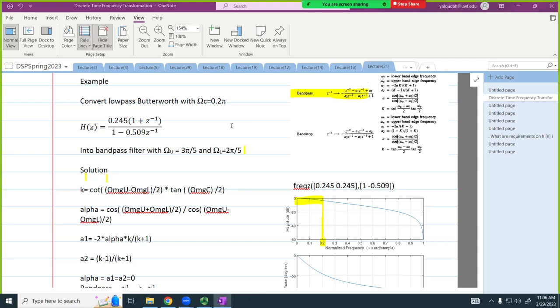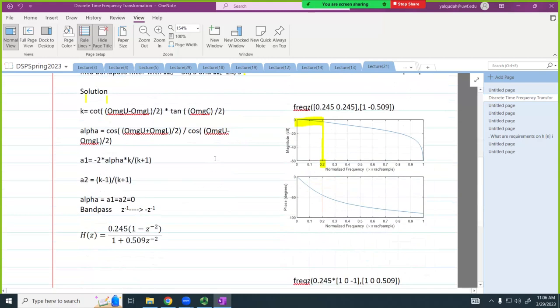So we want to take this low-pass filter and convert it to a band-pass filter. We have to calculate some parameters, A1, A2, alpha, and K. So just plug in the values of the frequencies in these formulas. We can calculate the K, A1, A2, and then we can calculate the alpha.